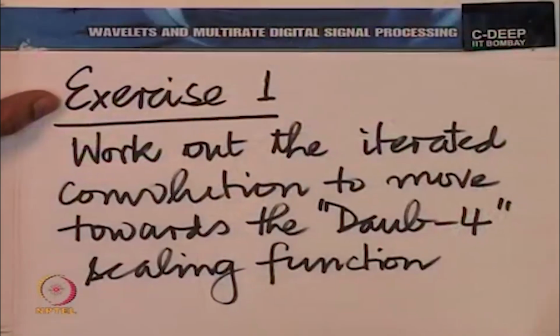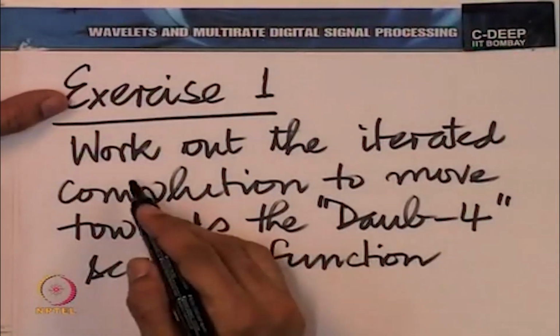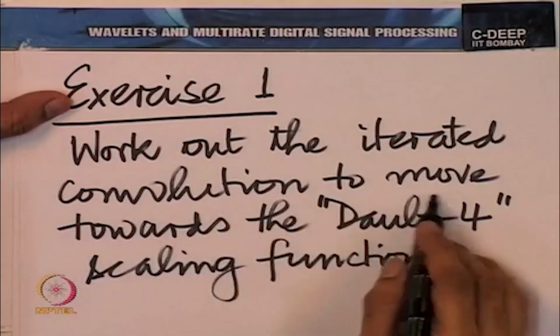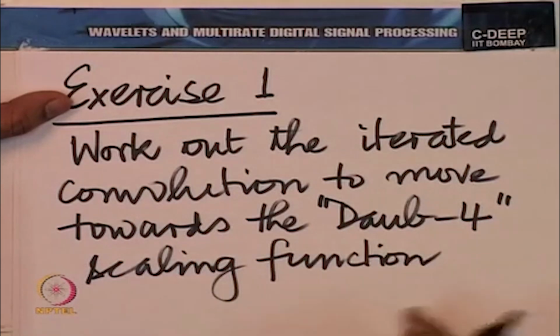So, I leave it, as I said, as an exercise to complete this iterated convolution. So, I repeat the exercise which all of us must do, work out the iterated convolution to move towards the Daub 4 scaling function.